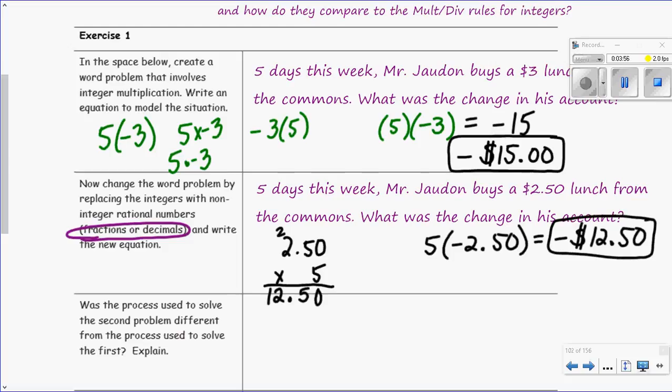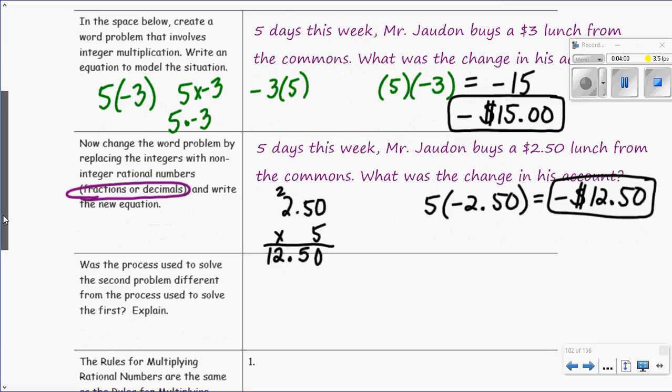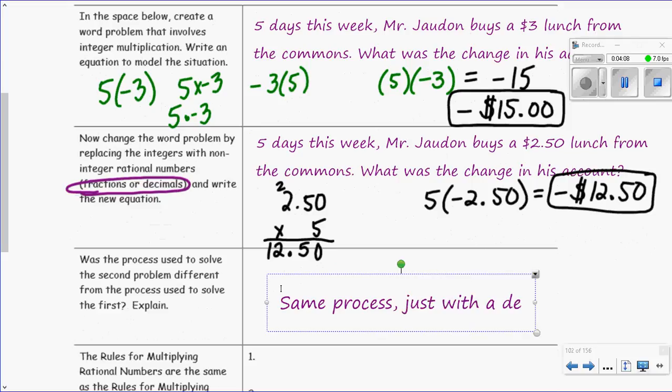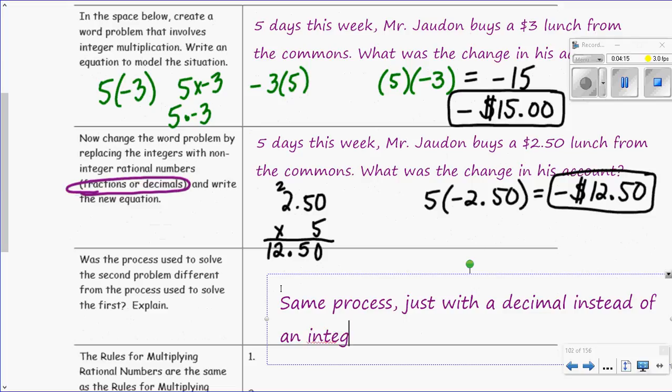Okay, was the process used to solve the second problem different than the process used to solve the first? It is the same process, just with a decimal instead of an integer. That was 2.5 instead of 3.